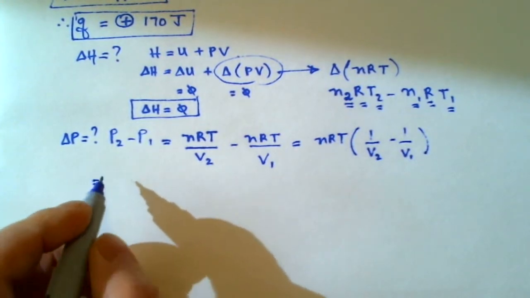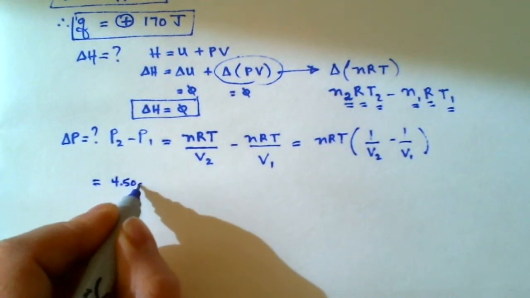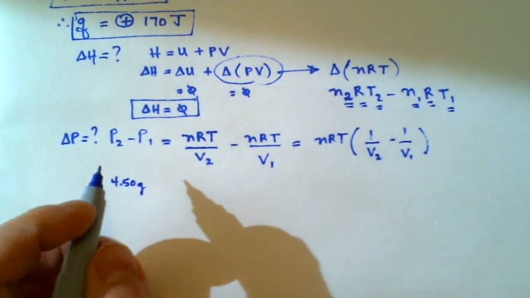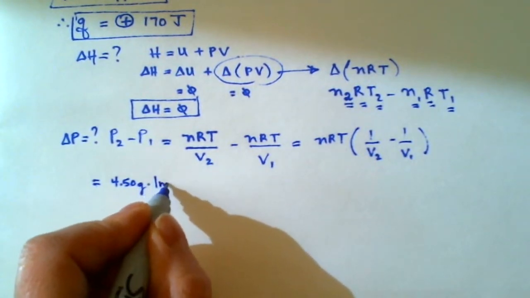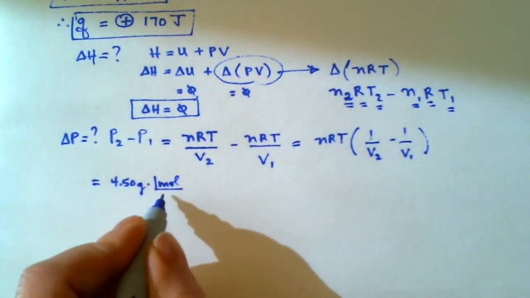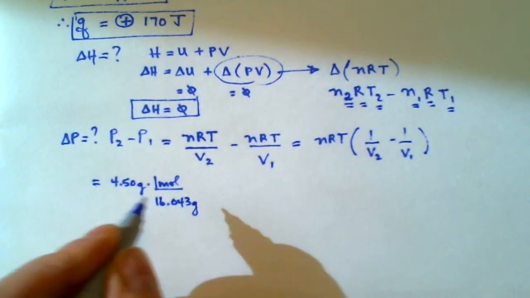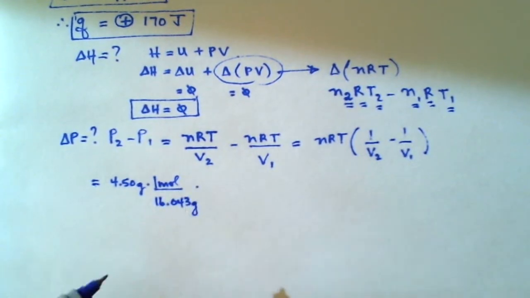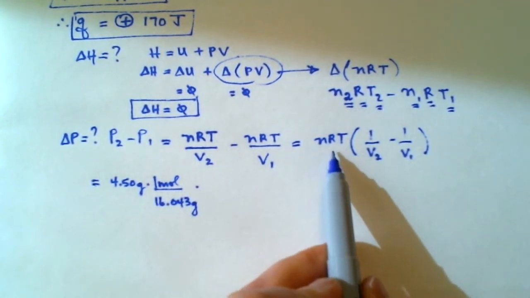And let's put in some numbers. Again, I didn't stop and do that calculation of mass over molar mass, so I'll write it out again. 1 mole, in other words, I didn't actually calculate n, 16.043 grams, times R. So what value will you use for R?